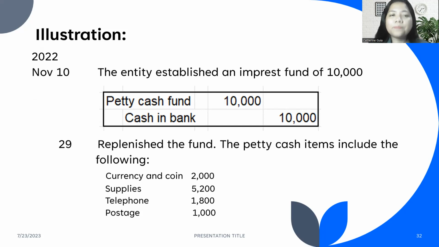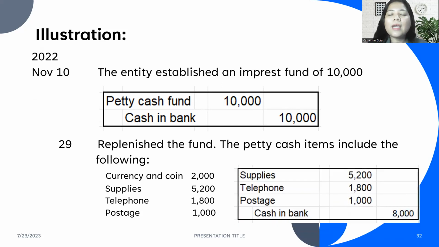Assuming that on November 29, the fund was replenished, the petty cash items include the following. So you have here the details. What will be the journal entry? The journal entry will be the appropriate expense accounts like supplies, 5,200, telephone, 1,800, and postage, 1,000 pesos. The credit is cash in bank, 8,000 pesos.